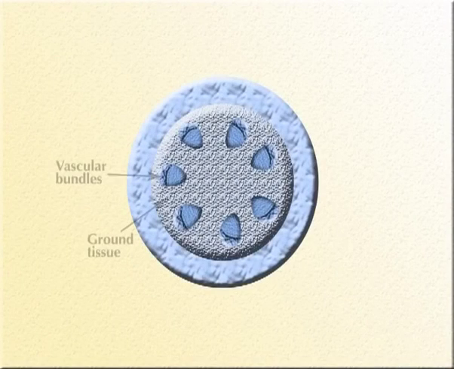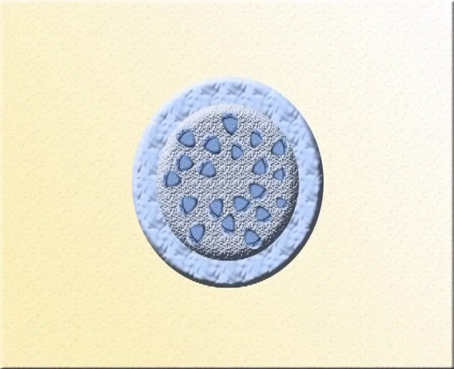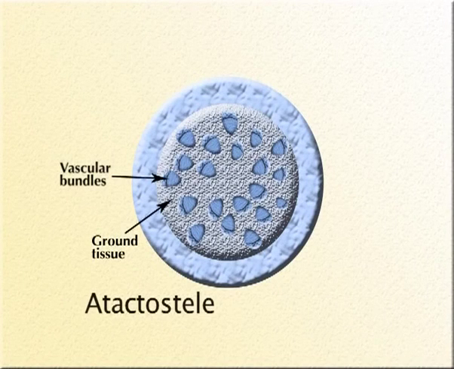During the course of evolution, in certain pteridophytes, leaf gaps on the stem overlapped and led to the formation of a much dissected stelar organization called eustele. It is made up of a number of separate and collateral vascular bundles. In certain cases, the vascular bundles are scattered as in monocotyledons. This stele was termed atactostele.